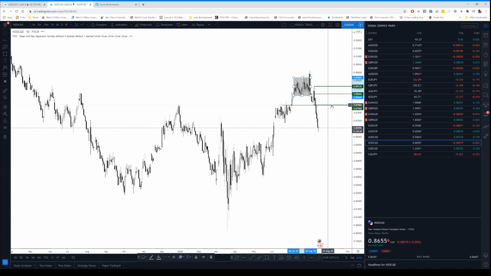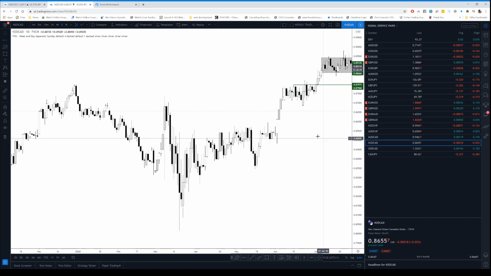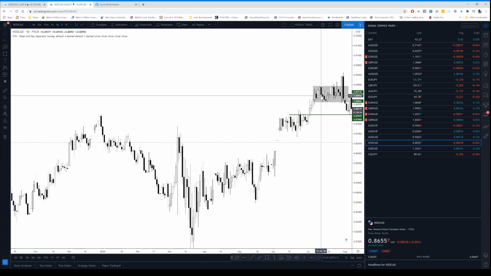If you go on the daily, you see we spend a lot of time here in this tight consolidation, and then boom, price pushes up and then a rejection. If you guys remember, back in June I gave a short on this one. That's what I was looking for. We were in a tight consolidation and then price faked out on the upside, and price rejected.